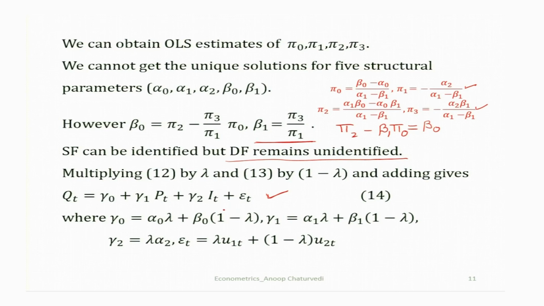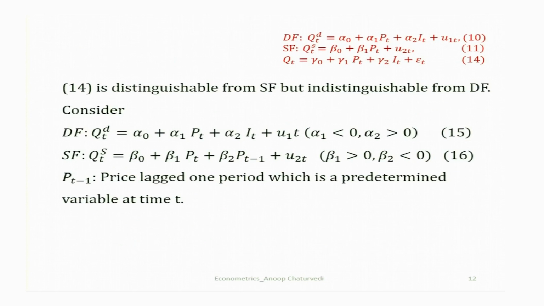You can distinguish it from the supply function, because supply function does not have the variable I t, but this linear combination has I t, but still you cannot distinguish it from the demand function. That is why demand function is unidentified and supply function is identified. So, 14 is distinguishable from supply function, but indistinguishable from the demand function.